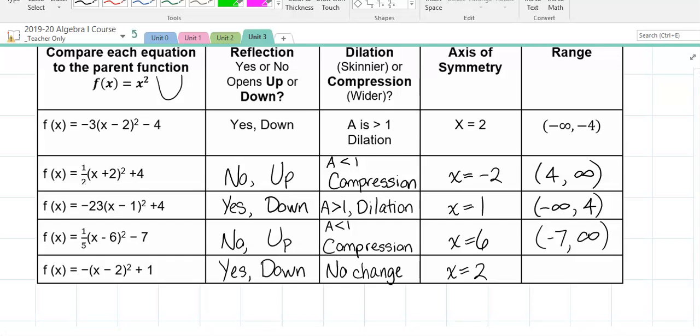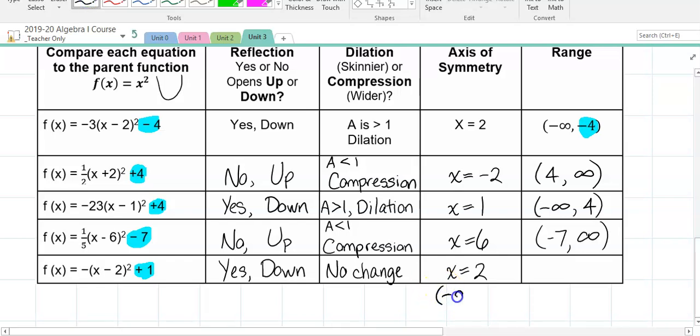Notice the pattern here. Our range went from negative infinity up to negative 4, from 4 to infinity, from negative infinity to 4, and then up to negative 7. So we know this next one's going to have a 1, but what we don't know without looking at the graph at this point is, is it negative infinity to 1, or is it 1 to infinity?